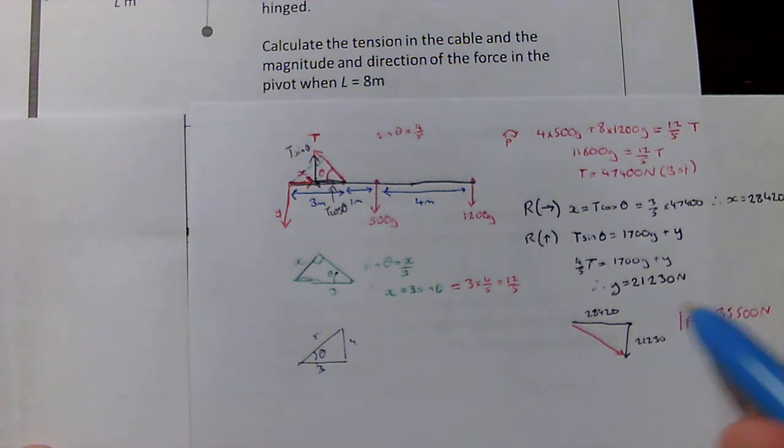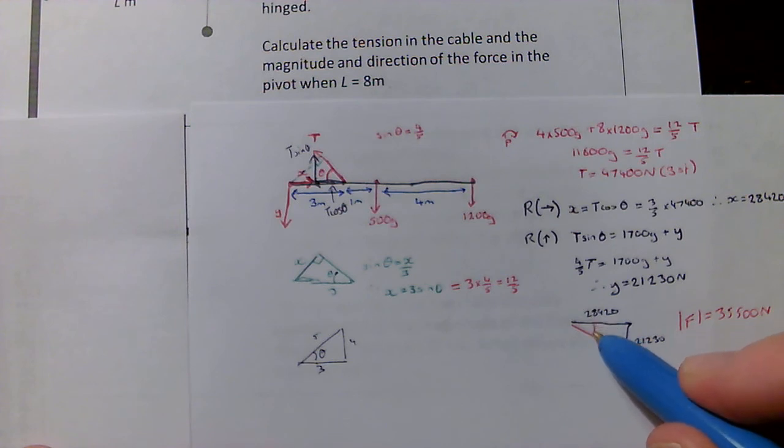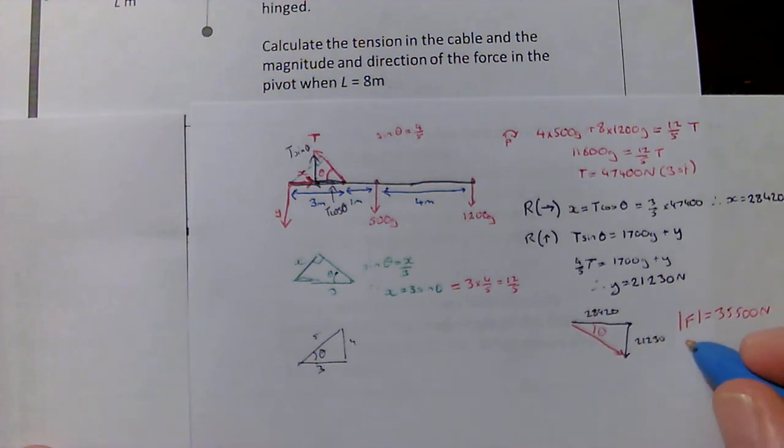The direction of the force then is this angle here. So theta equals inverse tan of 21,230 over 28,420, which gives me an answer of 36.8 degrees.